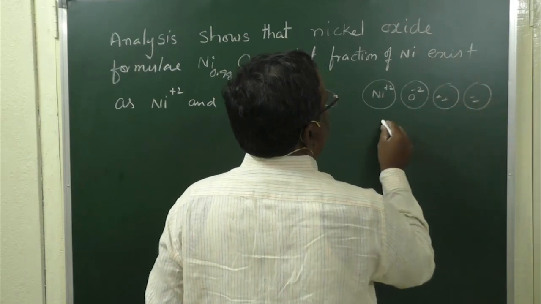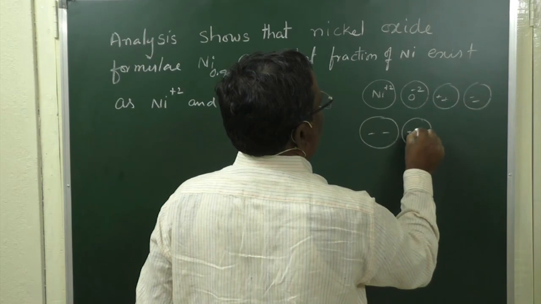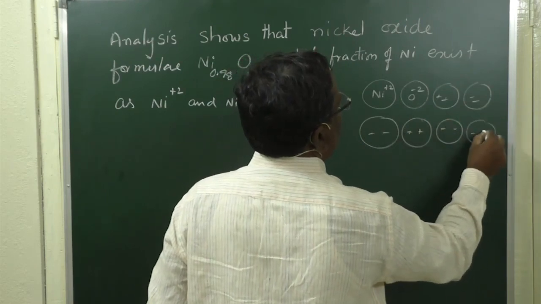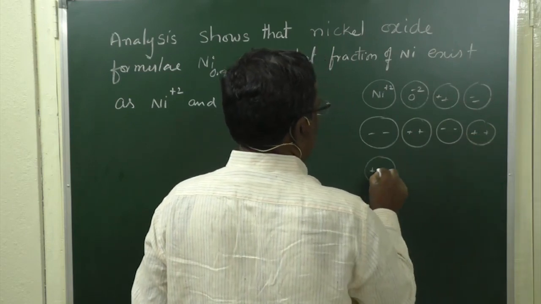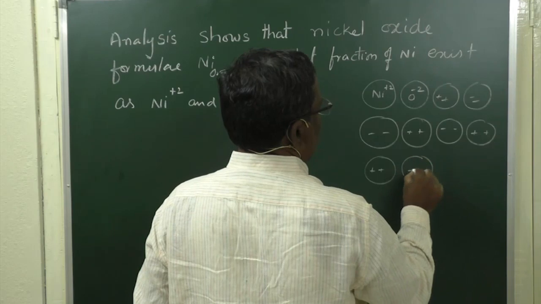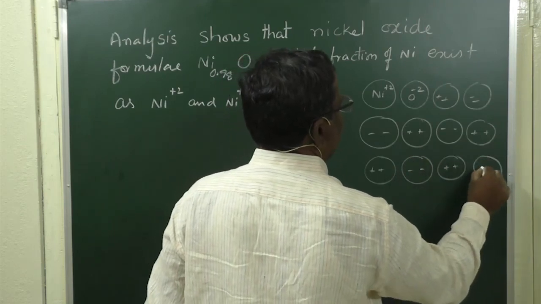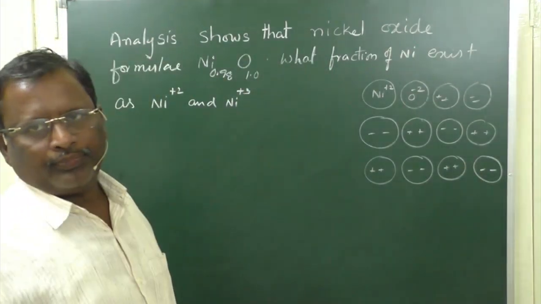Positive ions, negative ions, positive ions, negative ions, alternating like this. Let it be the nickel oxide crystal.